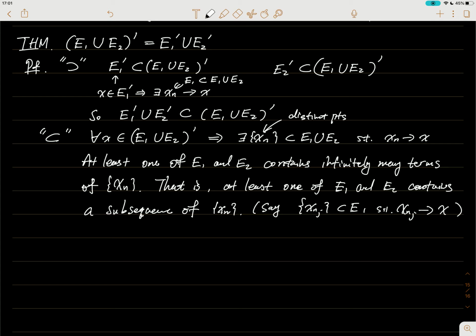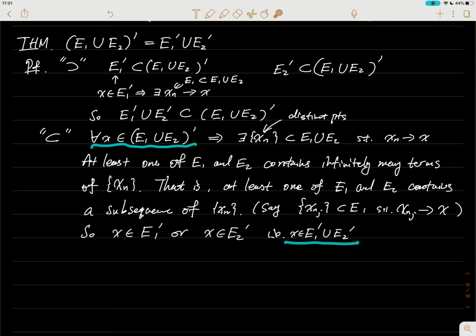So x belongs to E1 prime or x belongs to E2 prime. That means x belongs to E1 prime union E2 prime. And now what we showed is for every point in this, we can show that it's also in this. That means this is a subset of that.